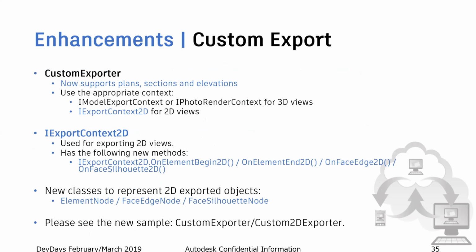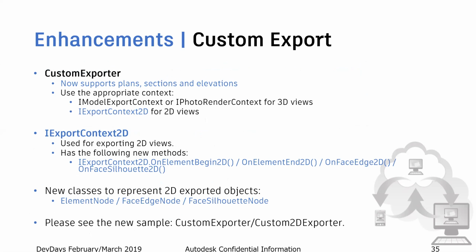Changes here are that the custom exporter now supports plan, section, and elevation views, and those are the only 2D views that are supported. And please make sure to use the appropriate context. There is a new context that is submitted to the custom exporter: IExportContext2D, a new class specifically for 2D views.